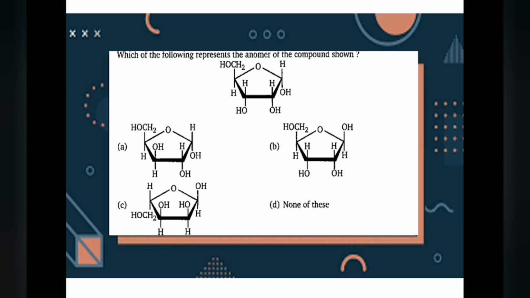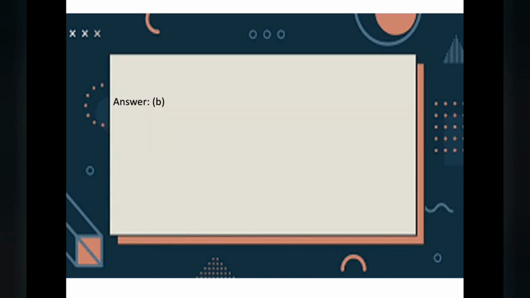Choice A is exactly the same as the structure given in the question, so A won't be correct. In choice B, everything is the same except the structure at the carbon 1 position, which is inverted. In the question it is H and OH, but in choice B it is OH and H. So B is the correct answer. In C, on either side, H and CH2OH on the left and OH and H on the right, both are inverted when compared with the structure in the question. So B is the correct answer.